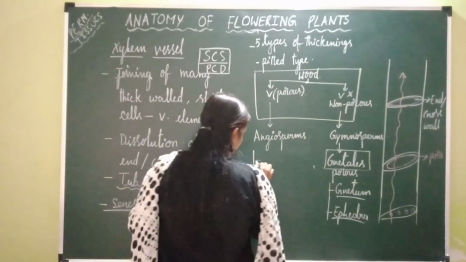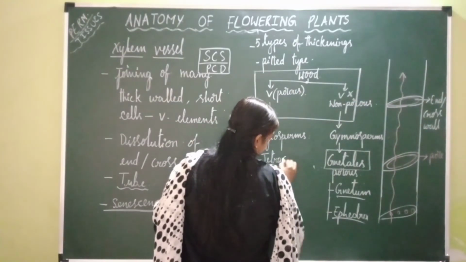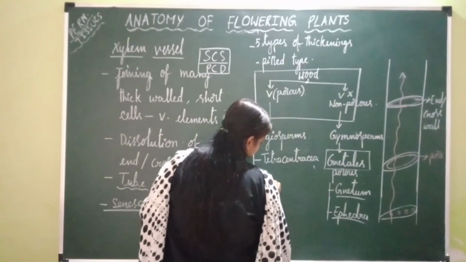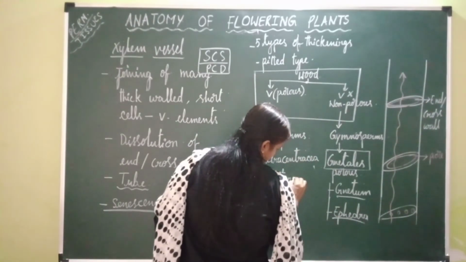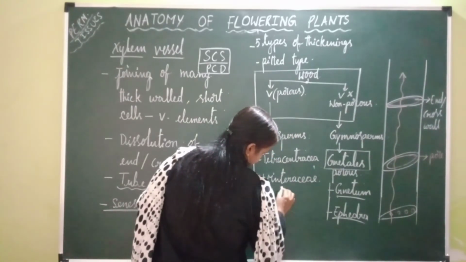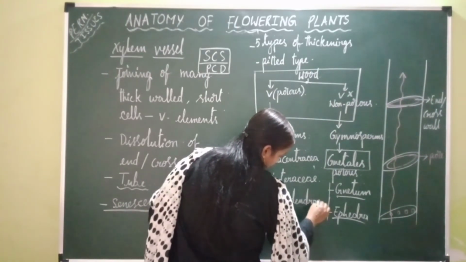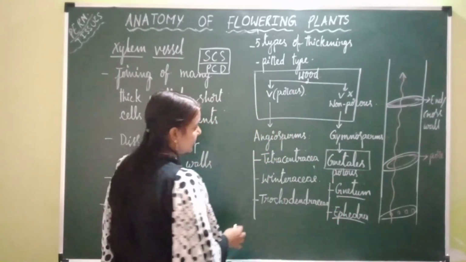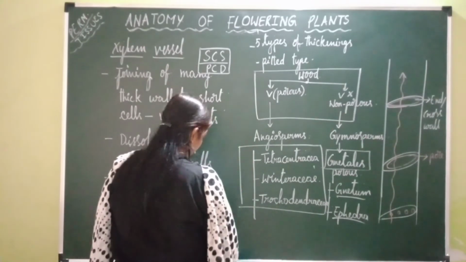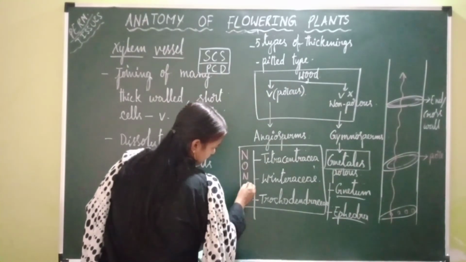Those primitive families are Tetracentraceae, Winteraceae and Trochodendraceae. In these 3 primitive families of angiosperms, vessels are absent in the xylem, and hence non-porous wood is present, right?